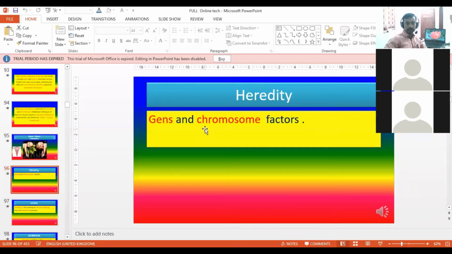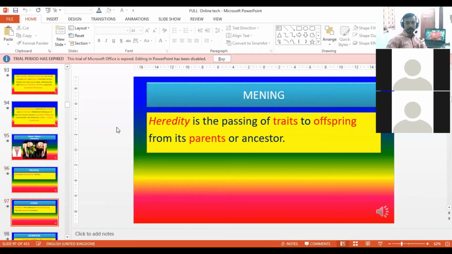Heredity, genes and chromosomes. Meaning: heredity is the passing of traits to offspring from parents or ancestors.